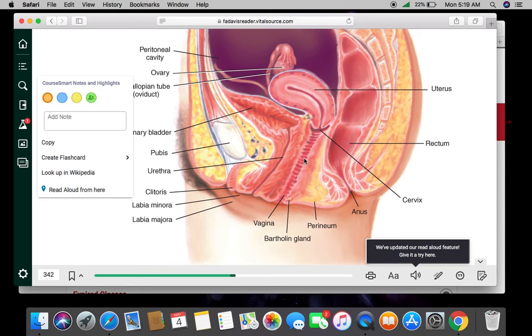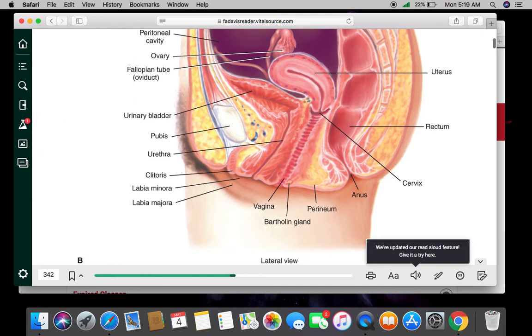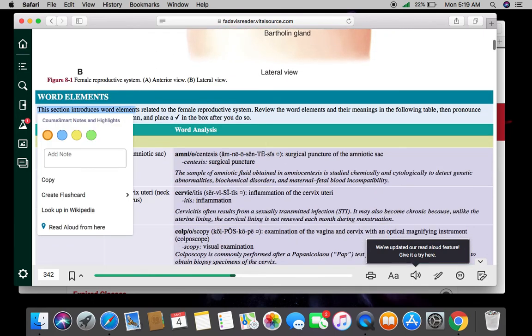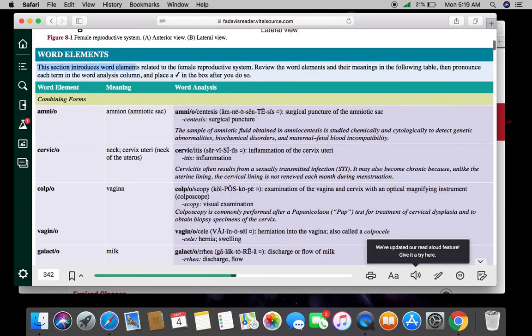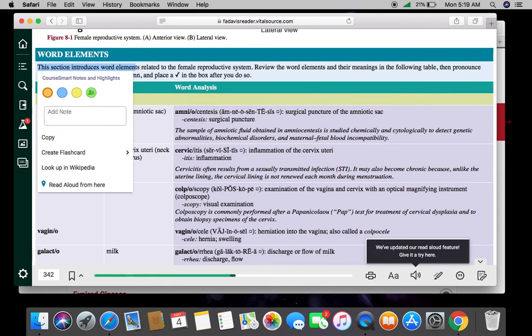So herniation is when something's sticking out where it shouldn't be sticking out. So you'll get a vaginal or rectal prolapse. These tubes will start slipping through and falling out, right? And that's called a prolapse or a herniation, right? So maybe you're more familiar with the hernia in your abdomen or your groin.